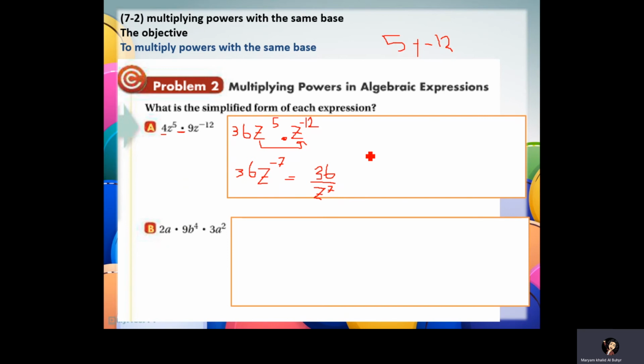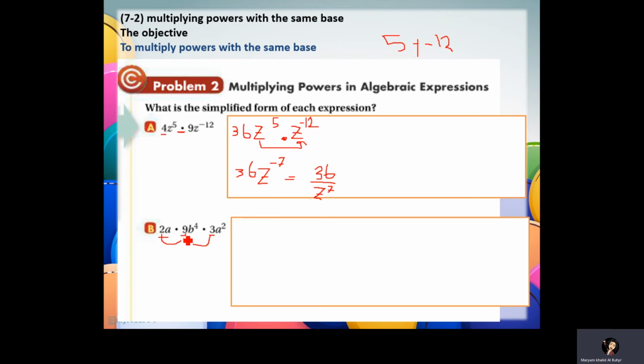So step by step. Again, step 1, look at the numbers. Do you have powers for these numbers? No. I can directly multiply 2 times 9 times 3. So let's multiply them together.